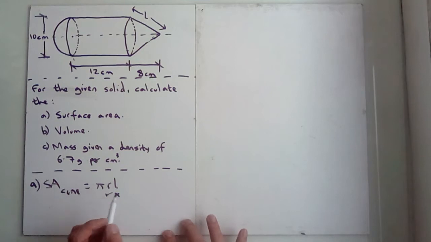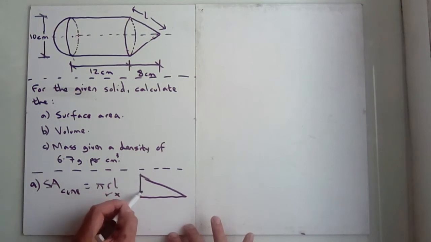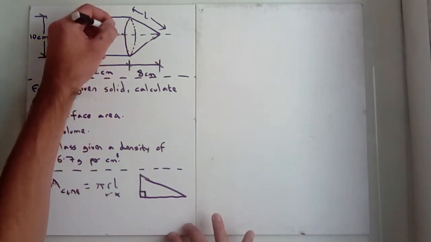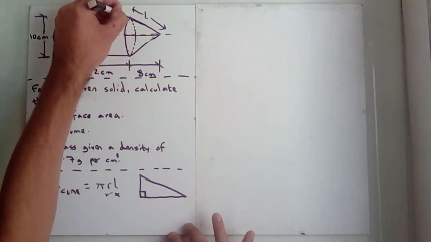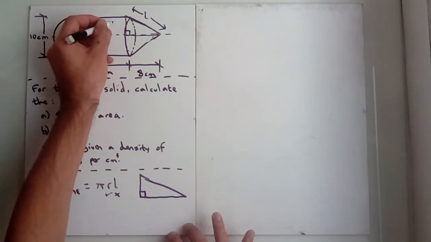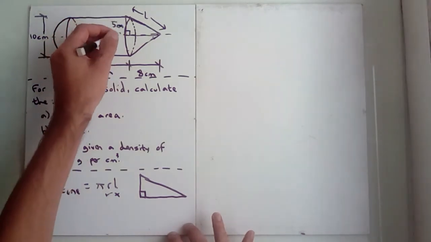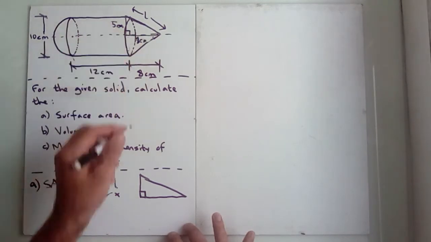So let's do that now. This is half a cone, so I'm just drawing that. What that corresponds to is this triangle round here. Where this is 5 because it's half of 10. Radius is 5. This is 8. And L's the bit we need to find.